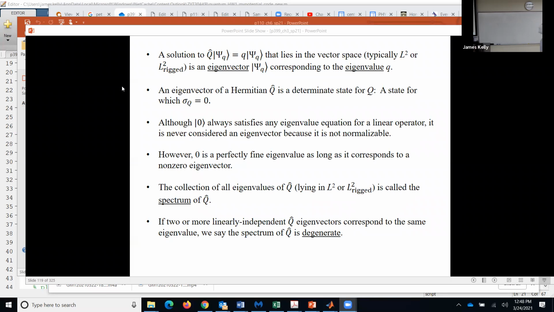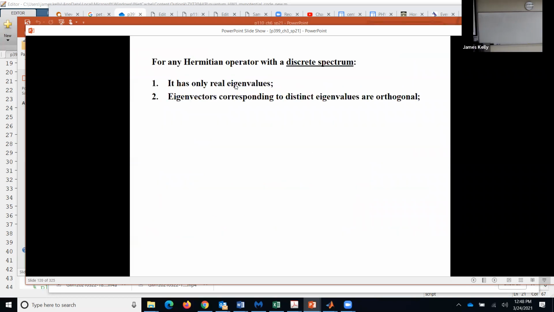I wanted to summarize some things and then prove those two theorems that I mentioned at the end of Monday. We'll do that work on the board in just a second. But we were talking about eigenvalues and eigenvectors of an operator.